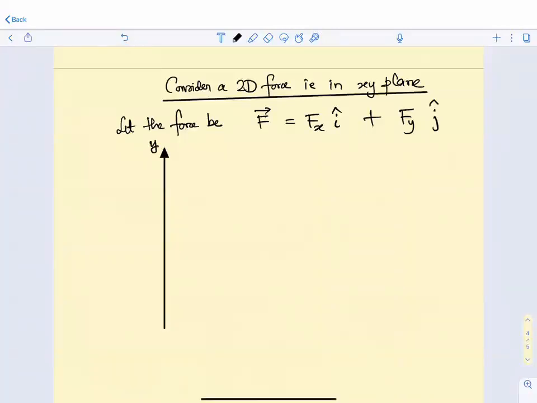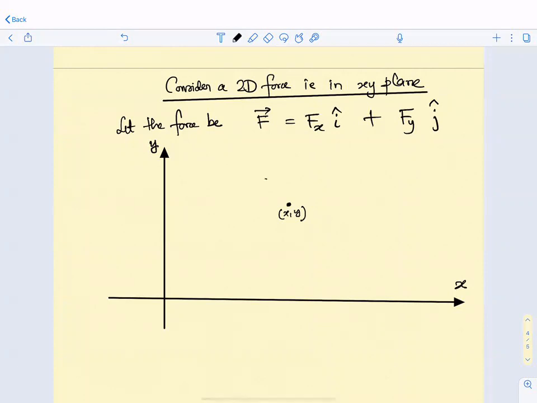This is the y axis, and then this is the x axis. Now consider the point x, y, and we consider a small rectangle like this.